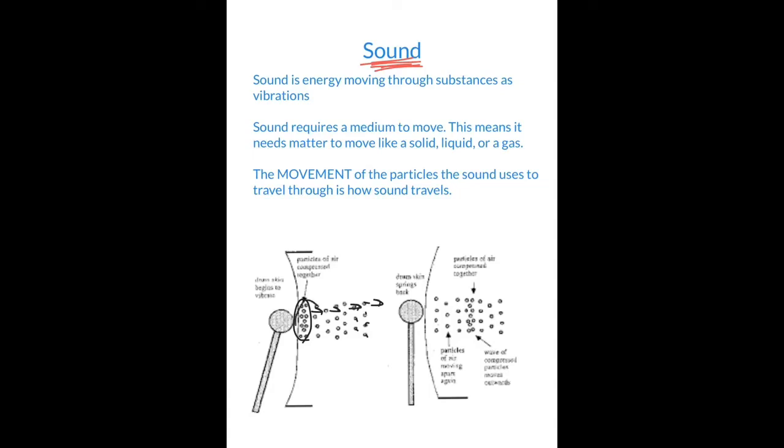So this initial cluster, it's going to bump, bump, bump, bump, bump, and you can kind of see it here, so it's traveling in this direction. And eventually it slows down because every time it hits a gas particle, it's going to lose some energy. But that's one way that sound can travel. And since it's moving, notice its movement? Because it's energy and it's moving, it's a form of kinetic energy.